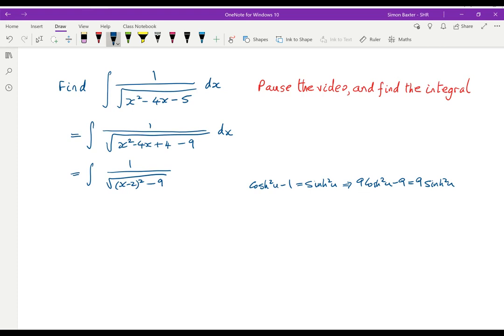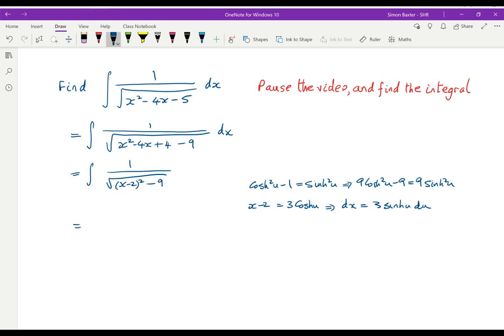So that suggests that I want to put x minus 2 equal to 3 cosh u. If I do that, I now get 9 cosh squared minus 9. I like that. This tells me that dx is equal to 3 sinh u du.